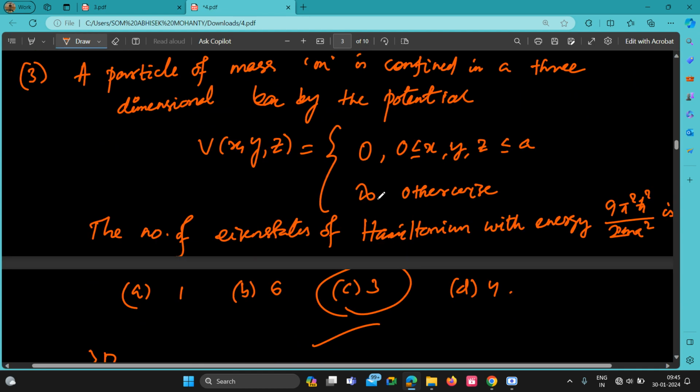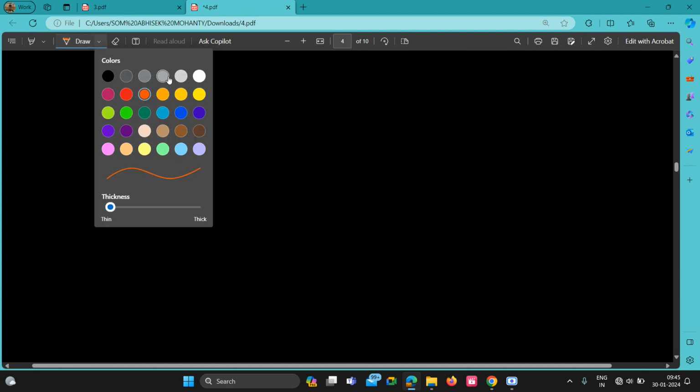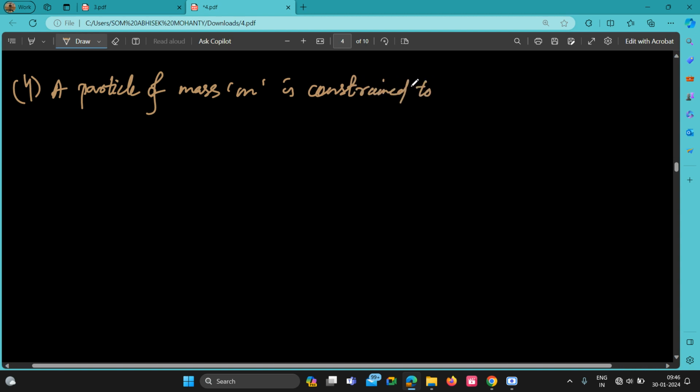Next question. Question number 4 now. A particle of mass m is constrained to move in a circular ring of radius r.